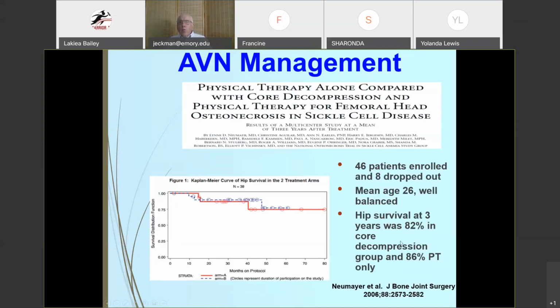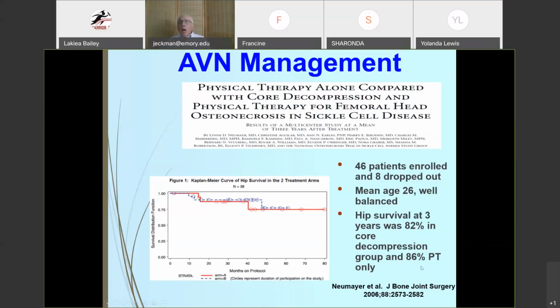It wasn't powered, so it's possible there might be a difference, but it looks like physical therapy alone is as good as, or maybe even better than, the core decompression in terms of having the hip survive long enough so it doesn't cause problems that require further surgery. And so I personally don't think that core decompression is something we should do in most individuals.